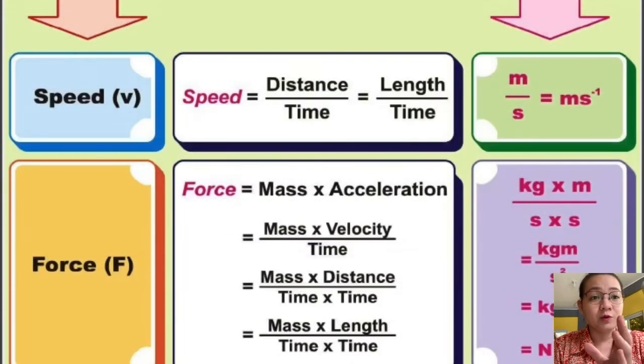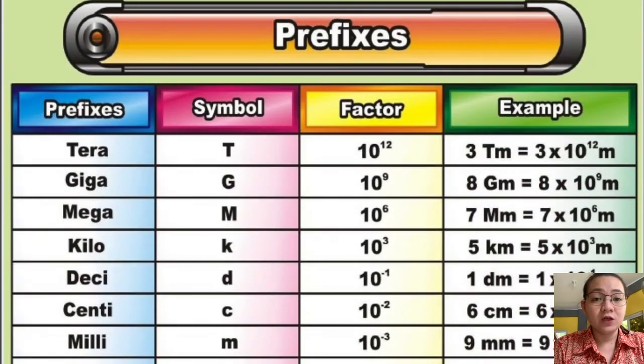Distance is measurable by length over time, which is, for example, meter per second or meter times second raised to -1. And same with force. Force is Newton, so the derived units are kilogram meter per second squared.